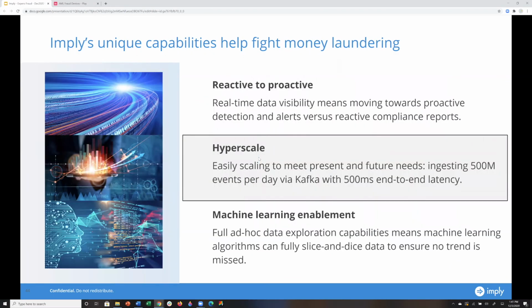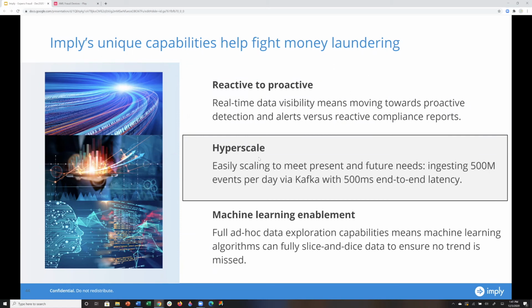So this is based on one of our customers who's a bank, and they saw the value of using a product like Imply and changed their culture a little bit from finding out if transactions are actually anomalous. So, as opposed to being reactive to the data that they see, now they're being more proactive.